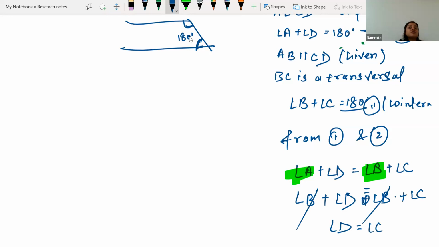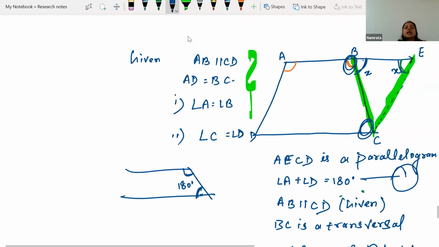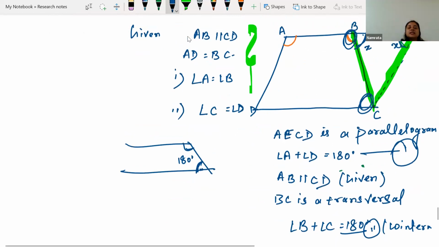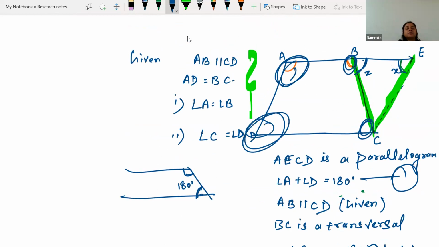Let me summarize what we did over here. We are saying that since AECD is a parallelogram, or forget about the parallelogram, we are saying that since AB is parallel to CD, the sum of this angle and this angle will be 180 degrees, co-interior angles or interior angles on the same side.